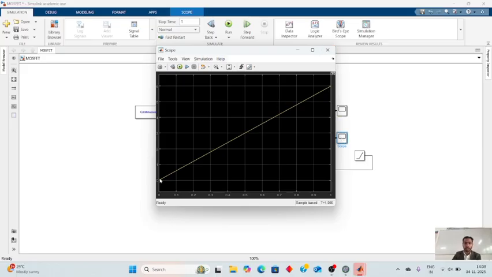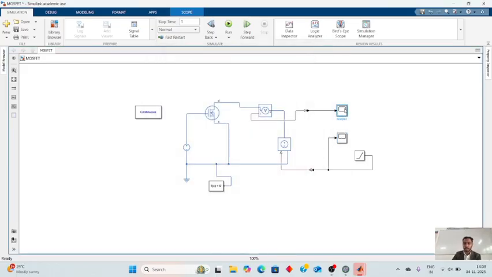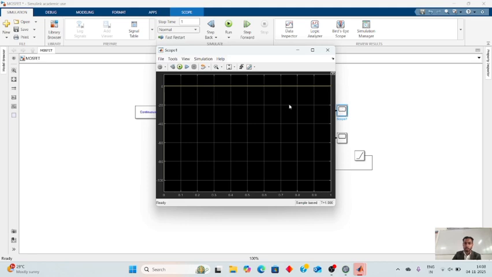This is the ramp signal from 0 to 6 volts, and this is the constant output voltage.